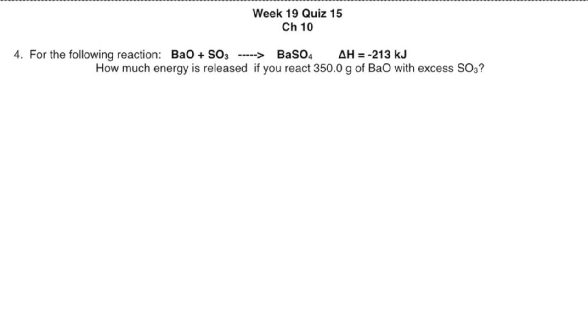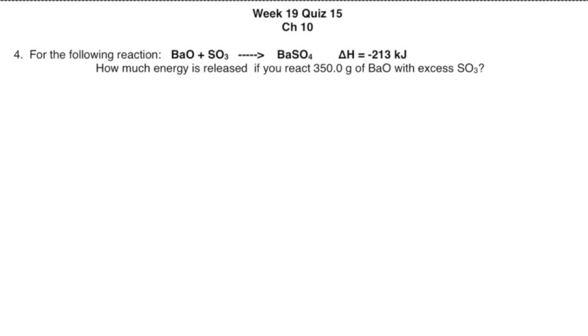Number 4 says, for the following reaction, barium oxide plus sulfur trioxide yields barium sulfate. The delta H is negative 213 kilojoules. How much energy is released if you react 350 grams of barium oxide with excess SO3?